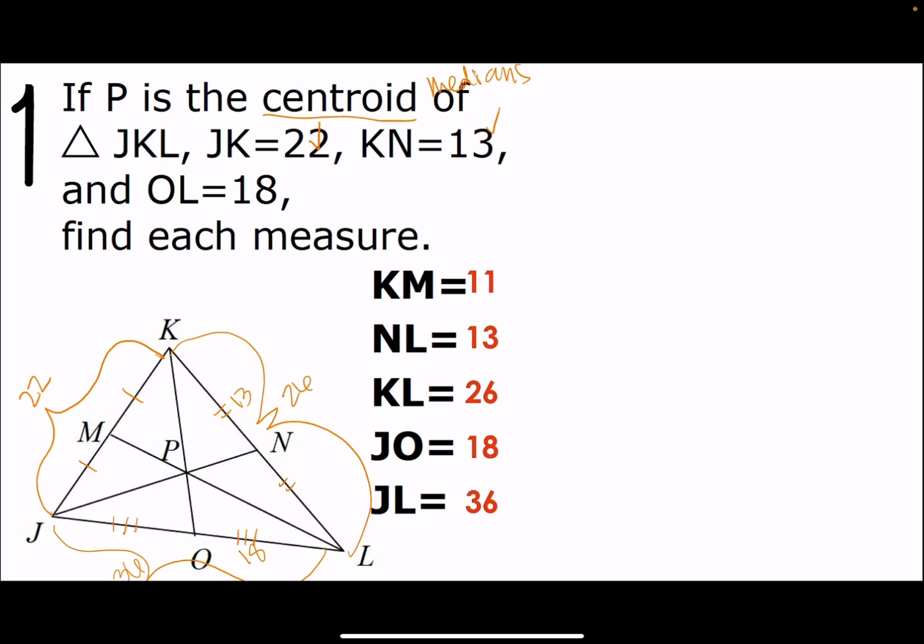And guess what? Using all of that information, you were also able to figure out, if they were to ask you for the perimeter of this, you would just be adding 22 plus 26 plus 36. If they asked you for the perimeter of triangle JKL.